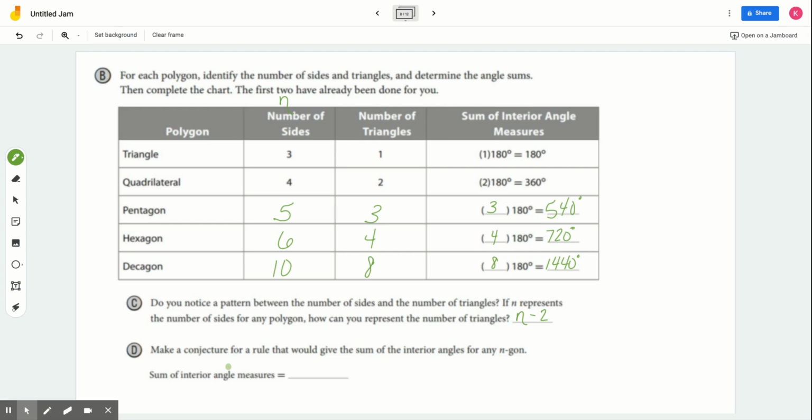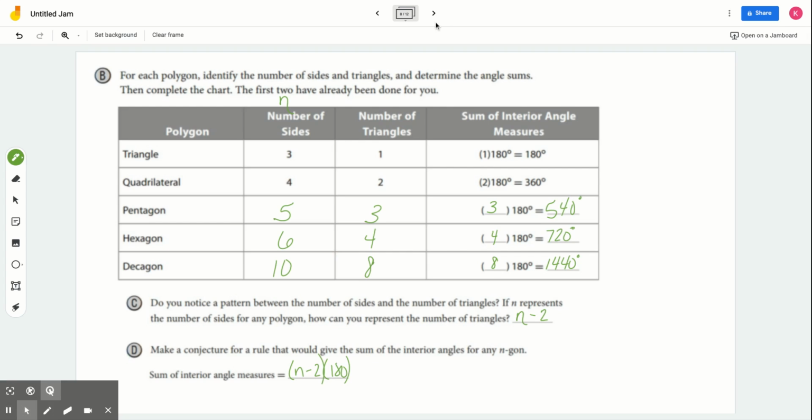So make a conjecture for a rule that would give the sum of the interior angles for any n-gon, a polygon with any number of sides. So we know here that we've taken that n minus 2 and multiplied it by 180 to find the measure of the interior angles.